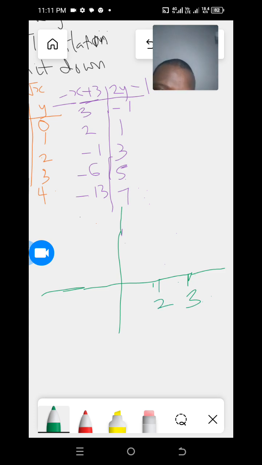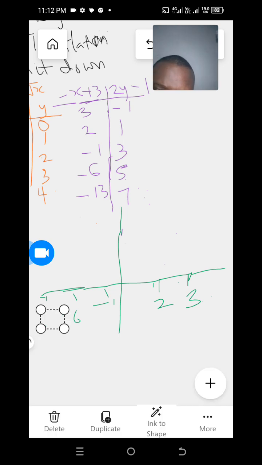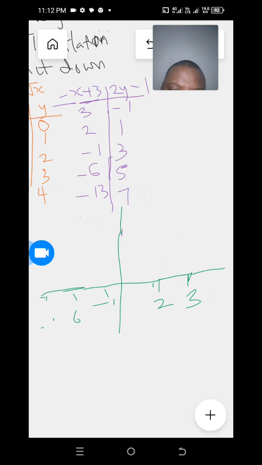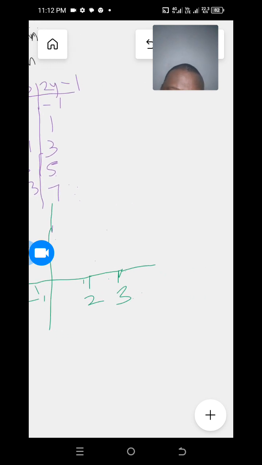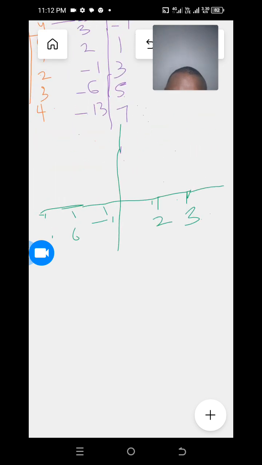Let's say we have negative 1, negative 6, and negative 13 here.